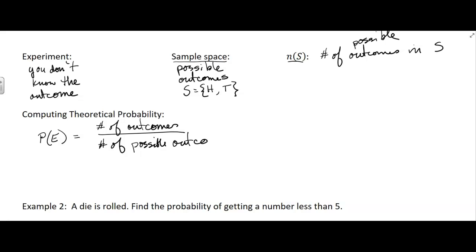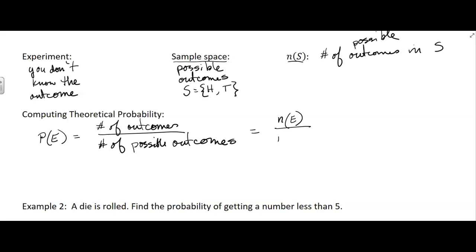Now that probably sounds confusing. I'm going to give you the notation here. So the number of outcomes, that has to do with your event. If you want to know the probability of getting heads, then you're saying how many different ways are there to get heads? Well, there's only one way to get heads, right?